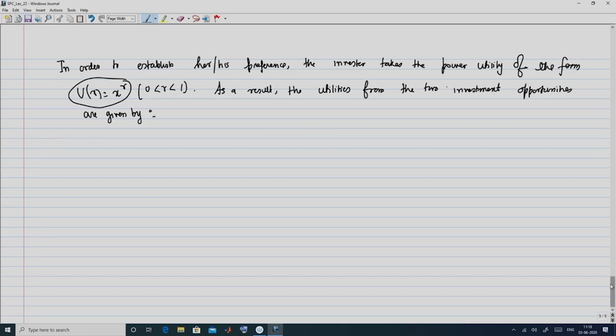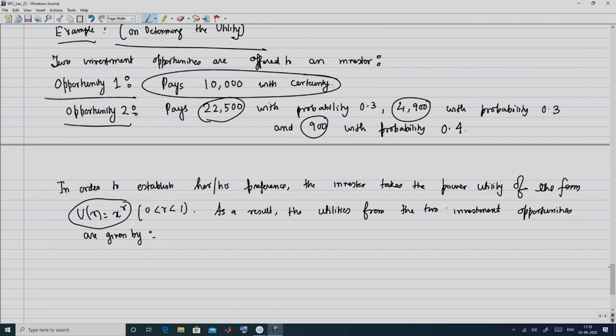So, then we look at both the opportunities and what is going to be the utility. In the first case, for opportunity 1, I will denote the utility as u of 1, and here 1 does not indicate the value, but indicates the opportunity 1, and this is going to be nothing but the wealth level 10,000 raised to gamma.